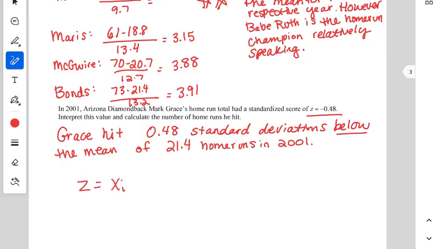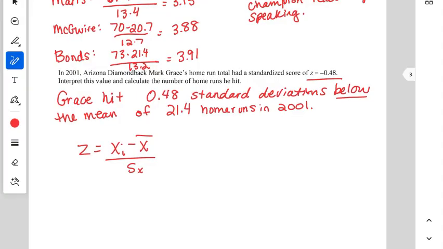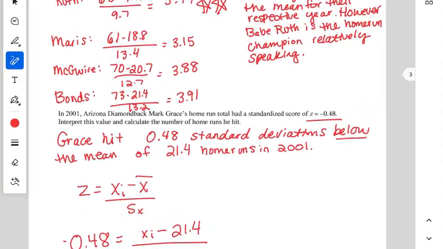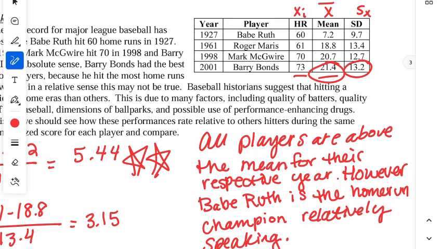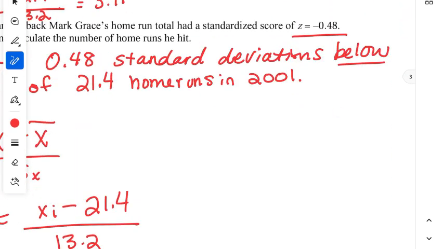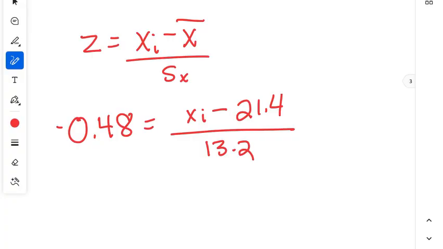So, see how it says below because it's negative. So we've got to figure out how many home runs he hit. So Z equals, I'm just going to use my formula and plug in what we do know. We know that the Z-score for Grace is negative 0.48. We don't know what he hit, but we know what the mean was, and we know what the standard deviation is. That was from the above.